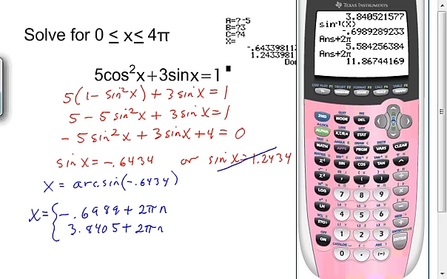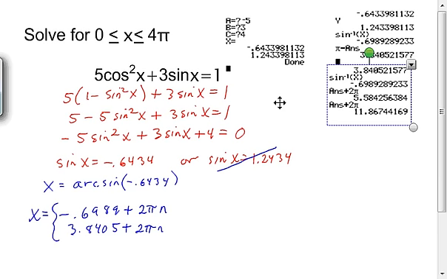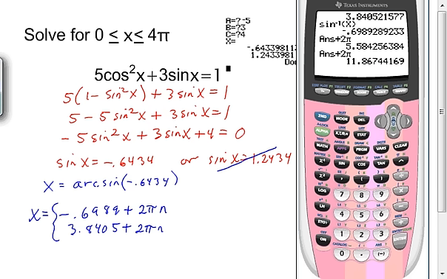Again, I'm going to put these over here so I can look at them. And let's find the ones for the other solution. 3.8405 is one solution. Do want that.